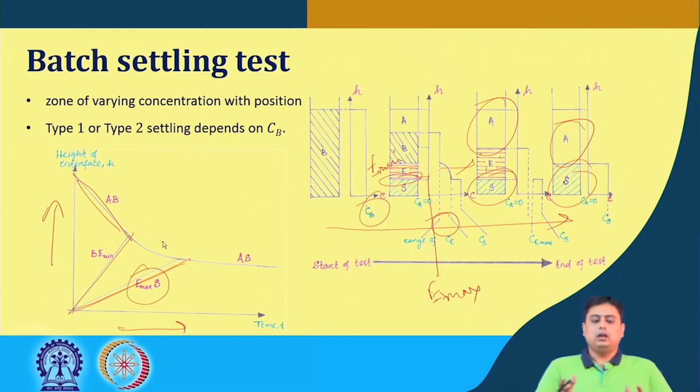One of the major reasons behind having these two types is that there is a significant size distribution of the particles that this suspension consists of. So, if there is this significant range of size distribution of the particles, then such type 2 phenomena can occur.